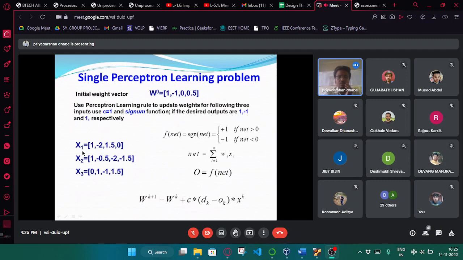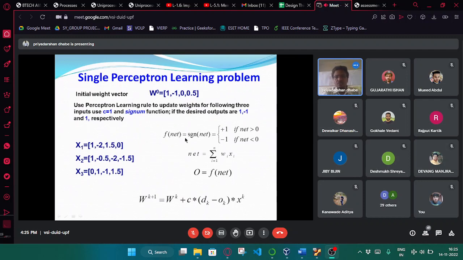X1 is our first input pattern, the input vector containing 1, minus 2, 1.5, 0. The desired output for the first input pattern X1 is 1, for the second input pattern X2 is minus 1, and for the third input pattern X3 is plus 1, respectively.